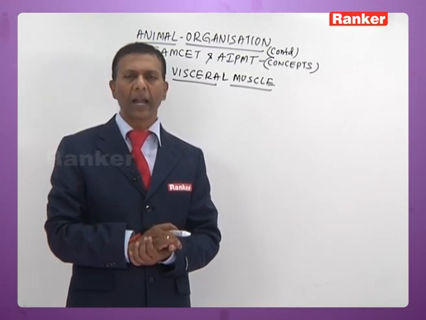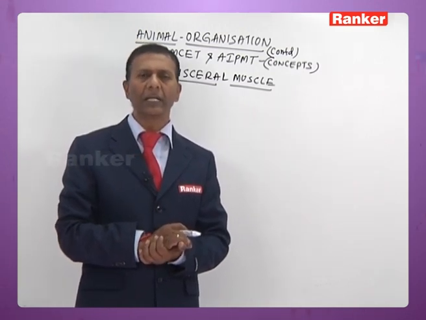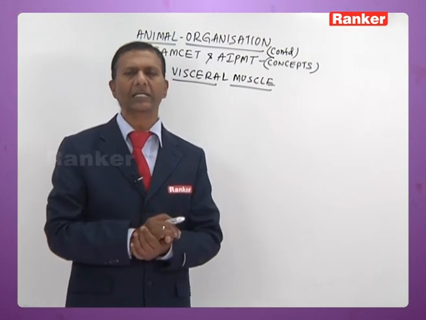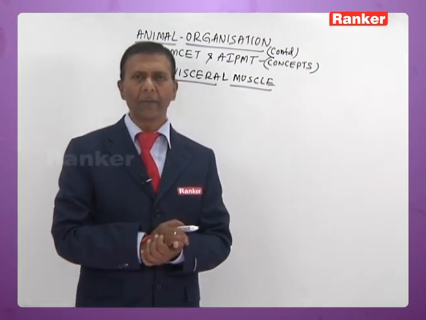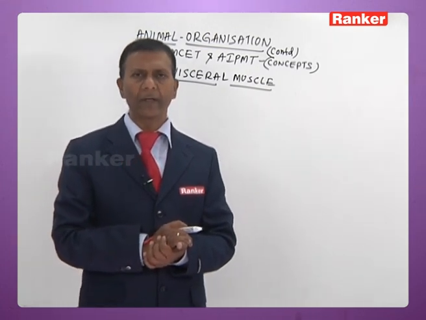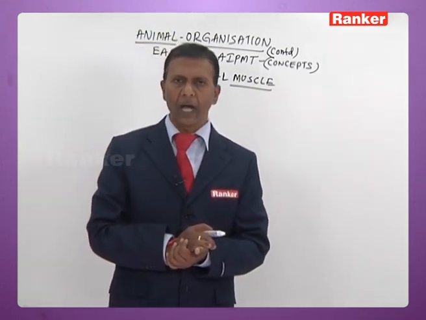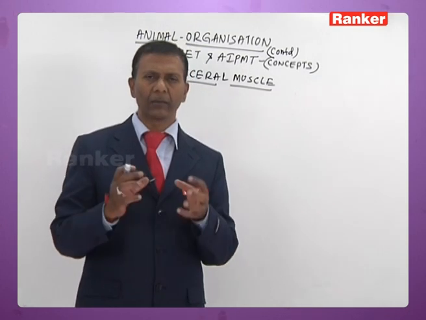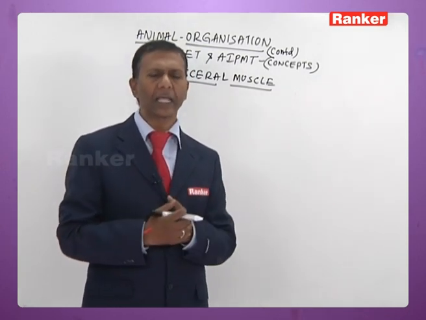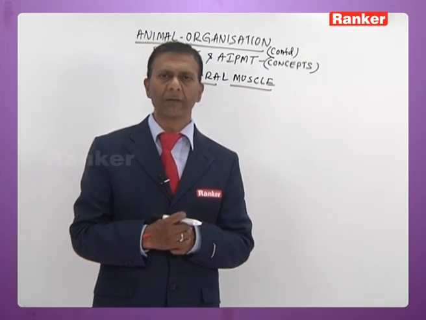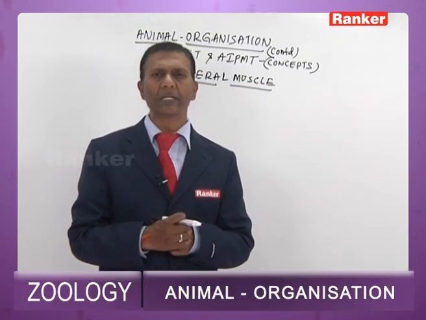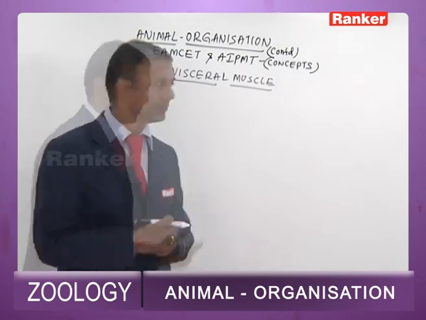But unlike skeletal muscle fiber, the thick and thin filaments are scattered in the sarcoplasm. In skeletal muscle, the thick filaments are confined to the A band, whereas thin filaments are confined to the I band. That confined organization is lacking in smooth muscle fiber. That's why, in spite of the presence of thick and thin filaments, smooth muscle fibers appear non-striated.